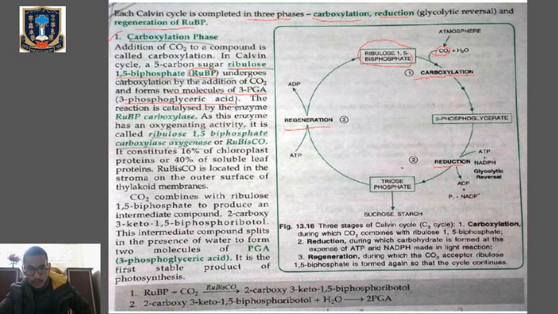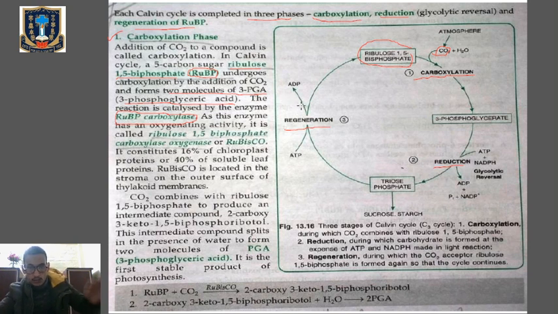The reaction is catalyzed by the enzyme called RuBP carboxylase. So remember the name of the enzyme, RuBP carboxylase. RuBP here is the compound which undergoes carboxylation by the addition of carbon dioxide to form 2 molecules of 3-phosphoglyceric acid, and this reaction is triggered by the enzyme RuBP carboxylase.